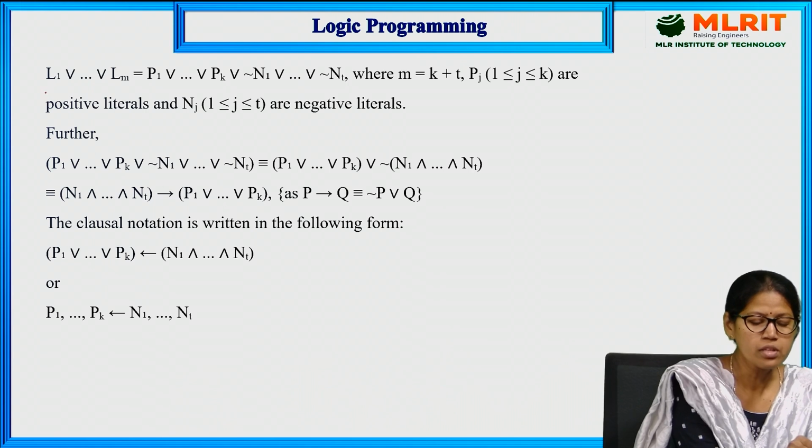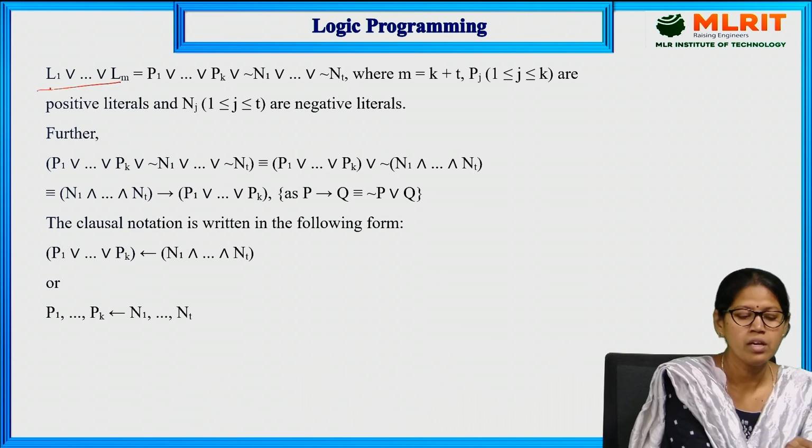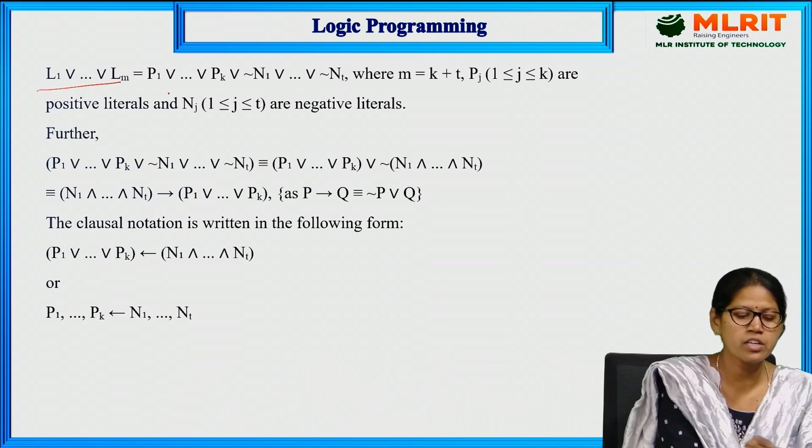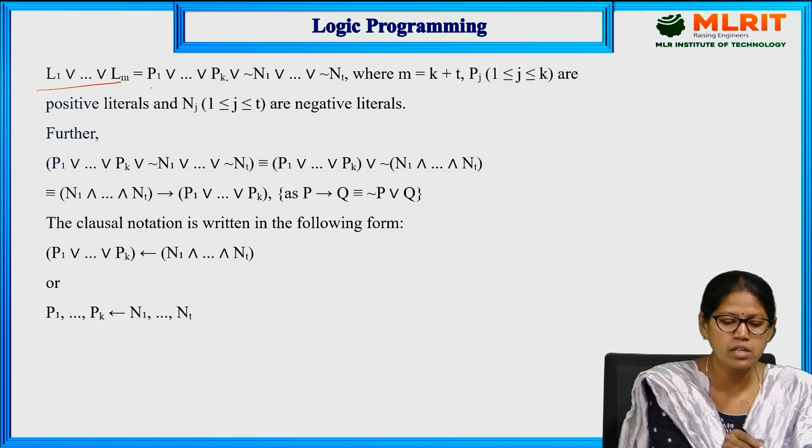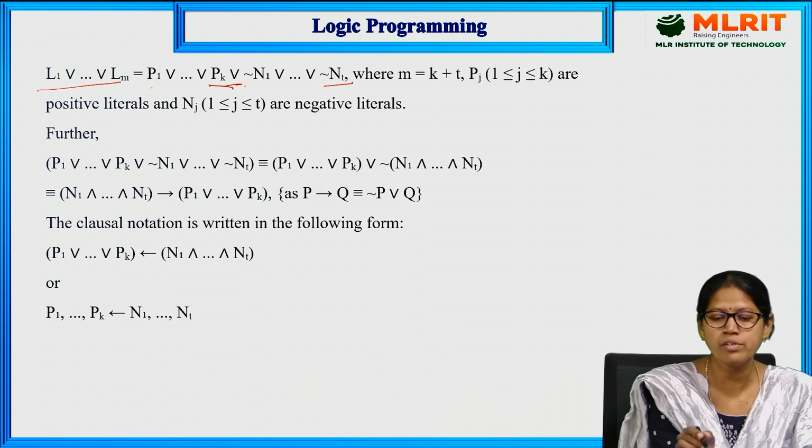So this is the closed form: L1 or L2 or so on LM equals first the positive literals P1 or P2 or P3 and so on PK, or the negation of N1 or N2 or N3 and so on, negation of NT.